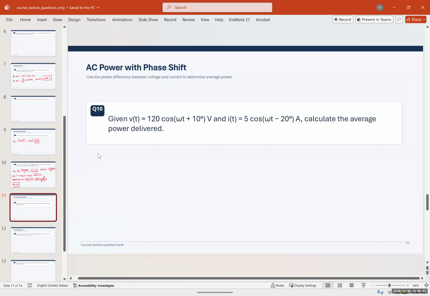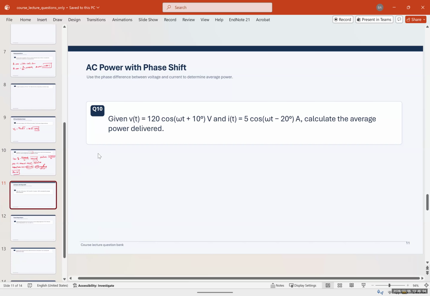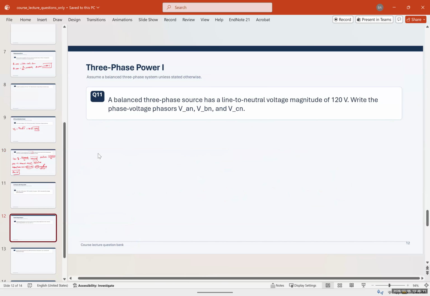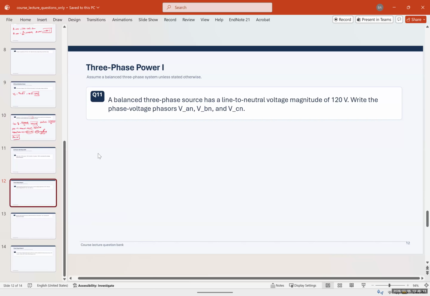Let me see. We solved 9. Let's see how much time we have. I guess we can solve another one on average power.